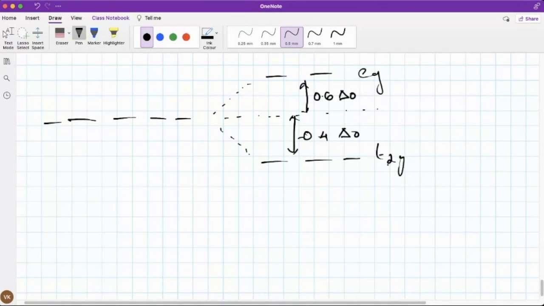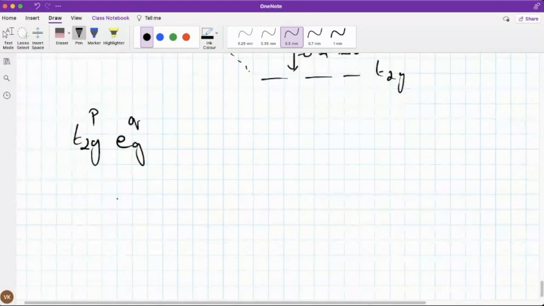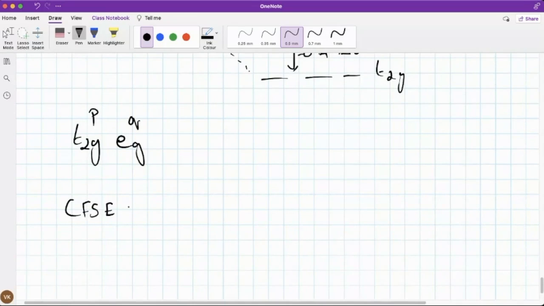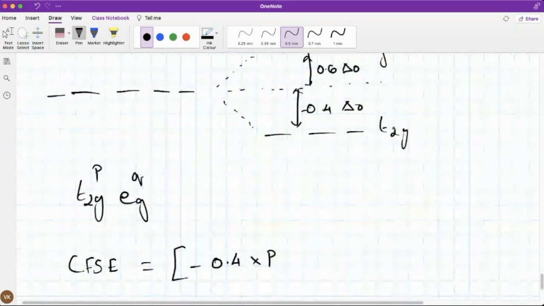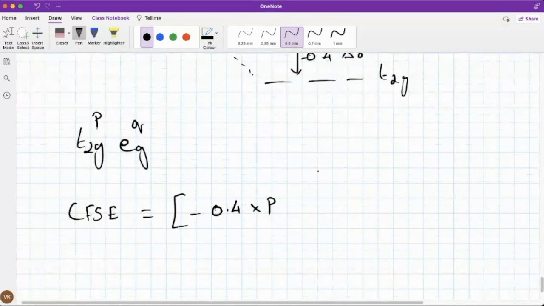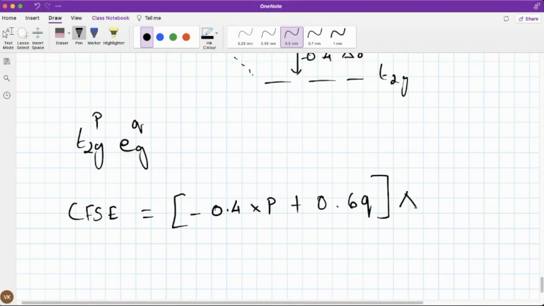I'll give the formula. Let's say there are P electrons in T2g and Q electrons in Eg. Then the crystal field stabilization energy is equal to minus 0.4 into P, where P is the number of electrons in the T2g orbital, plus 0.6 Q, where Q is the number of electrons in the Eg orbital, into delta naught.